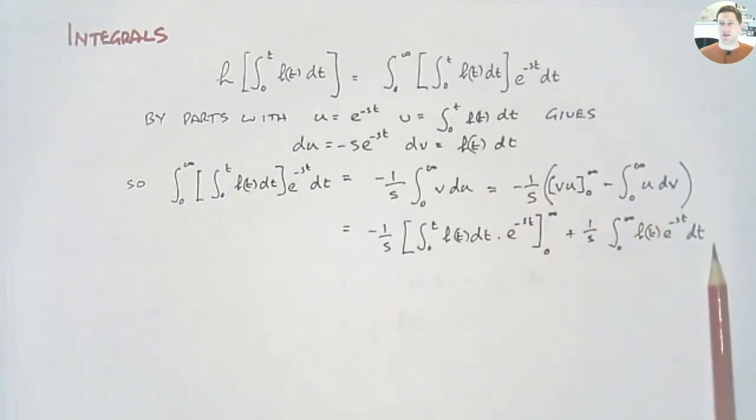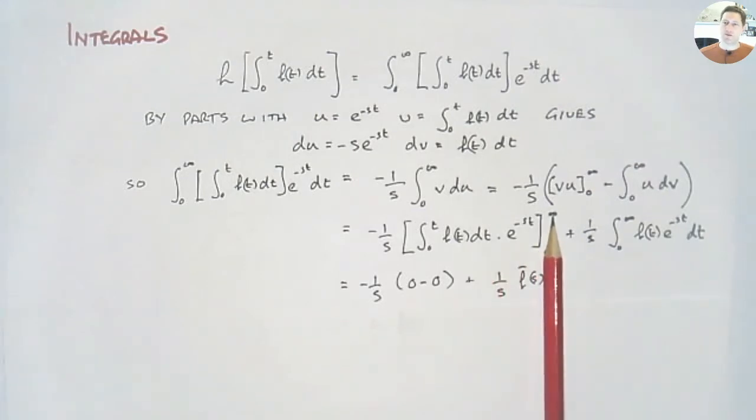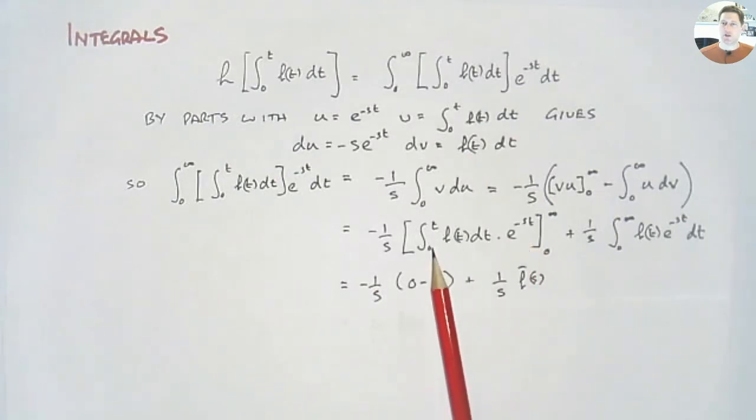And then we recognise that this is simply the Laplace transform of f(t). So we can write that in and we can look at our limits here. Our limit when t is infinity, we've got an e to the minus st term here, so that's 0. Our limit when t is 0, that term is equal to 1, but here we're integrating from 0 to 0, and so that term is going to be 0 as well because that integral is 0.